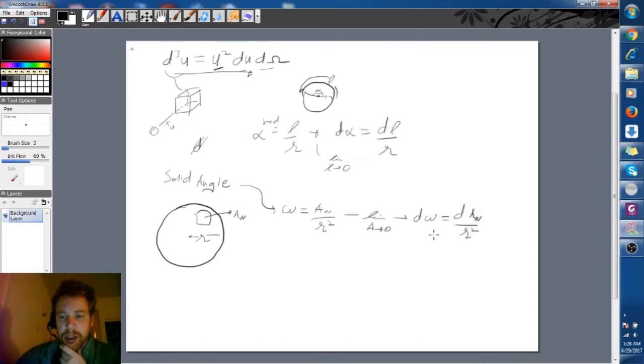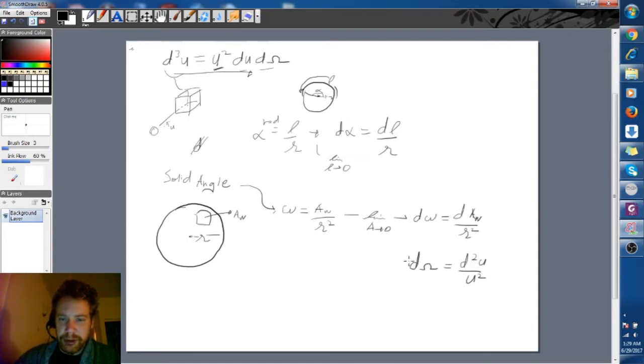Or if we're using the notation employed in Zifwell's book, we can write d omega, another omega, equals d squared u by u squared. D squared u here is our characteristic dimension.